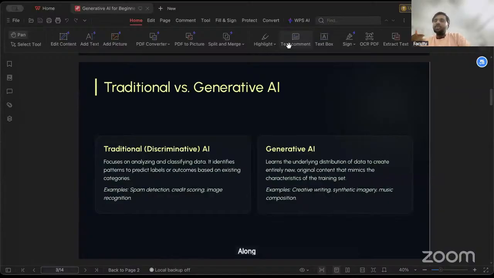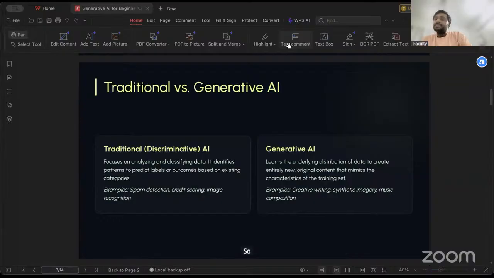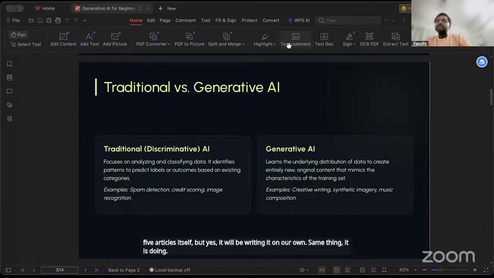Along with that, through the discriminator, it will try to map and correlate all five different articles which it was considering while generating the new one. So it will create an entirely new blog. No doubt, the crux will ultimately be drawn from the existing five articles itself, but yes, it will be writing it on its own. Same thing it is doing in your ChatGPT.